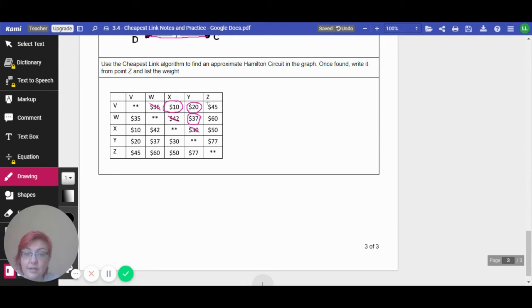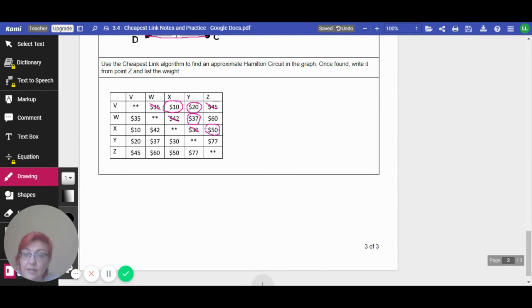All right. Here would give me another link from V, which I cannot do. Here links Z to X. X only has one link, so yes, I can use that.